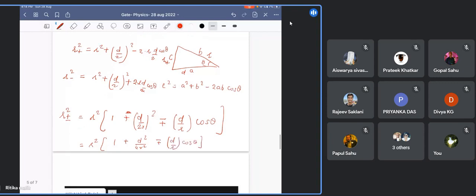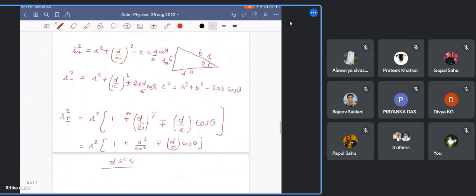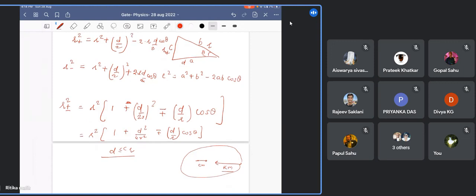So if you look at this d squared by 4 r square, take note, for the case when d is much smaller than r, which is generally the condition. For example, if we have two charges placed a centimeter apart and we want to calculate the electric field at a kilometer distance, then the distance d between the charges is always going to be much less than r.